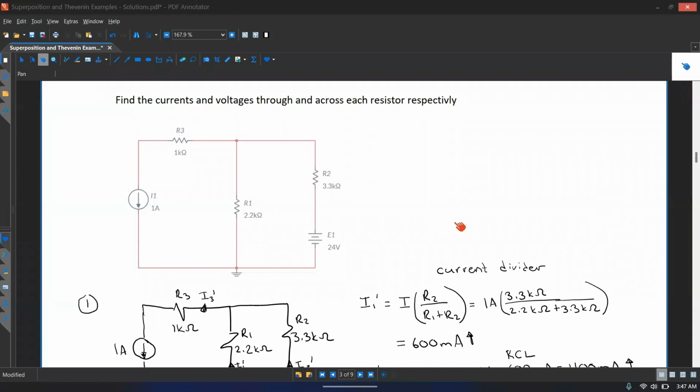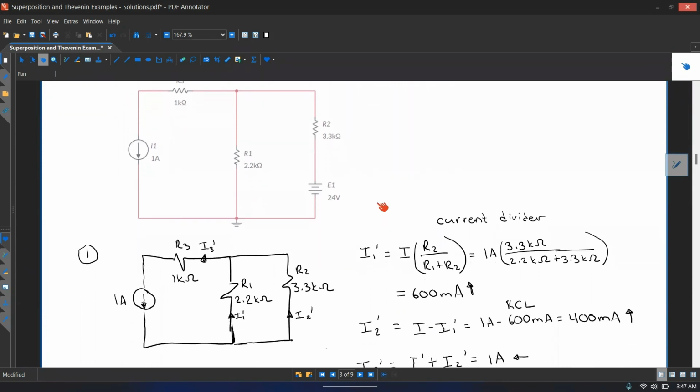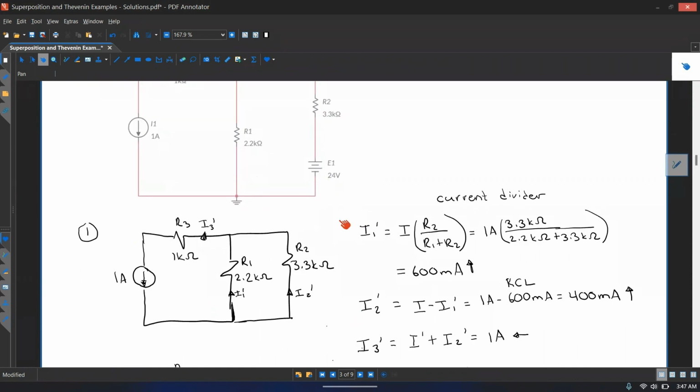All right, so let's take a look at our second example for superposition. This time we have a current source and also a voltage source. I've decided to start with the current source. Like we've done before, we eliminate the voltage source by replacing it with a short, like I've done down here in circuit 1.